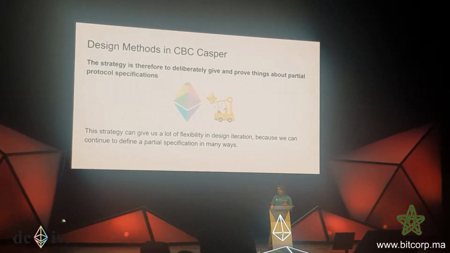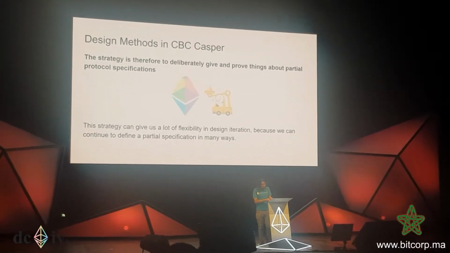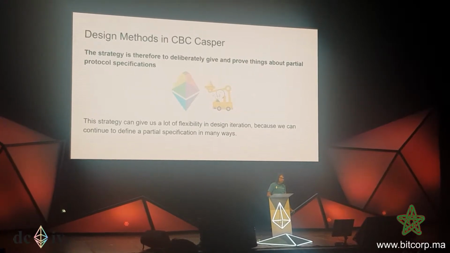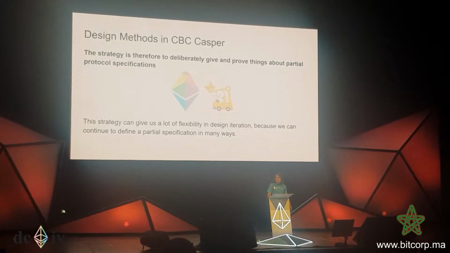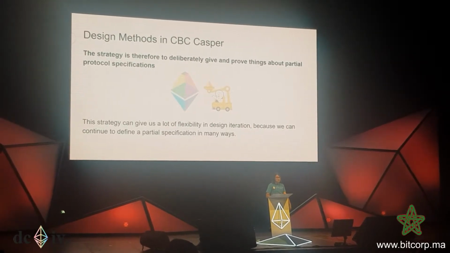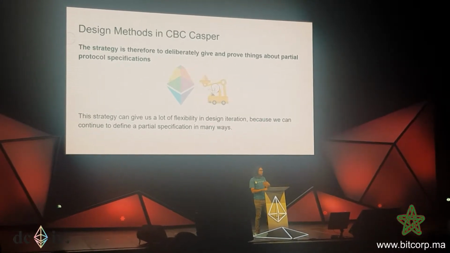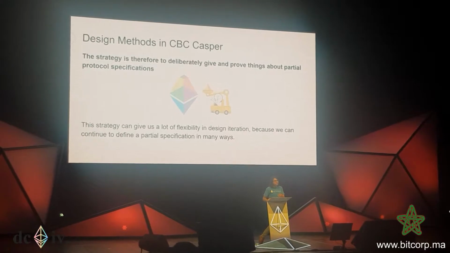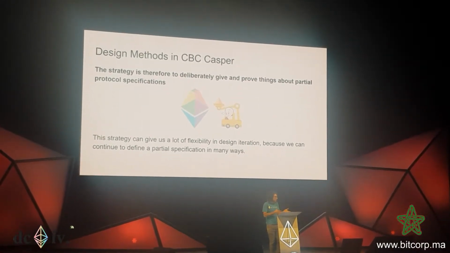So basically, our strategy is to deliberately give partial specifications and prove things about partial specifications, so that we can have a lot of flexibility in our iteration and design, because we can continue to define from that point in many different directions without having to go back and worry about verifying and changing proofs because of the change in the protocol.